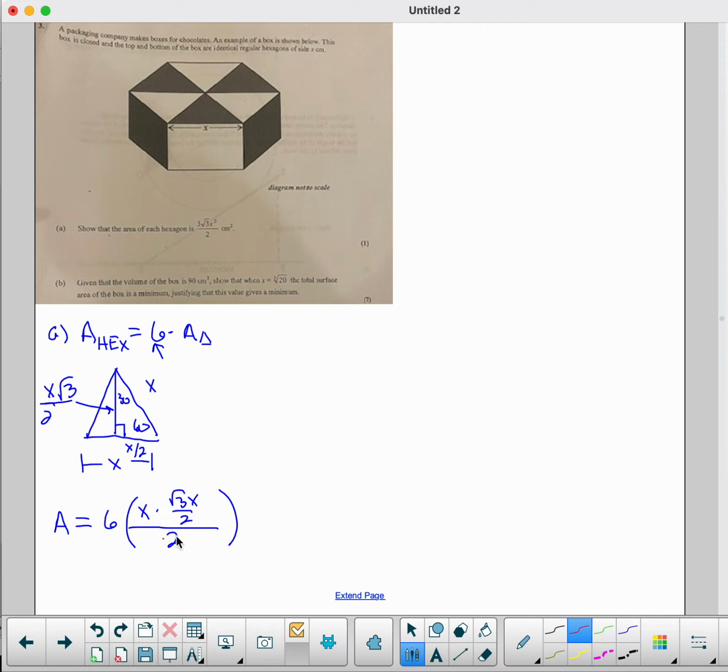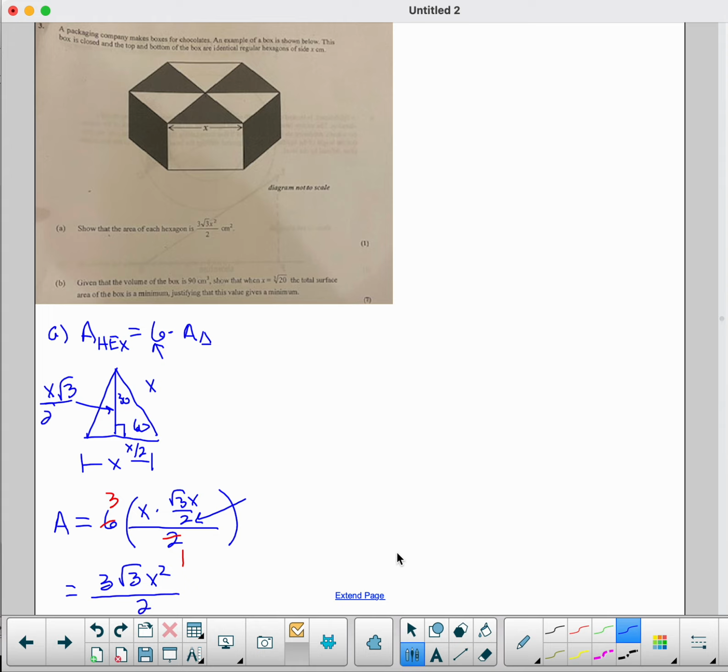And what do we get here? We get, just like they said, 3 root 3, x times x is x squared over 2. So we did it, and that 2 comes from there.